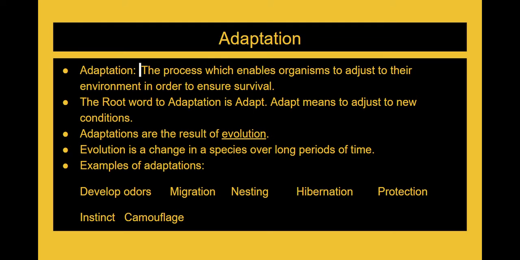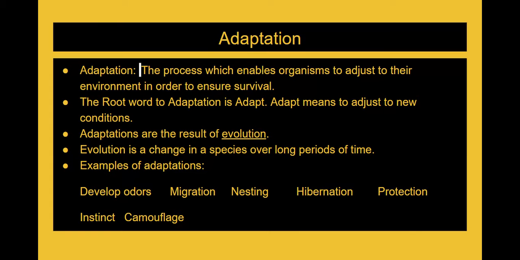Adaptations are a result of evolution. Evolution is a change in a species over long periods of time. Examples of adaptations: some organisms develop odors, we have migration, there's also nesting processes, hibernation, protection, instinct, and camouflage.